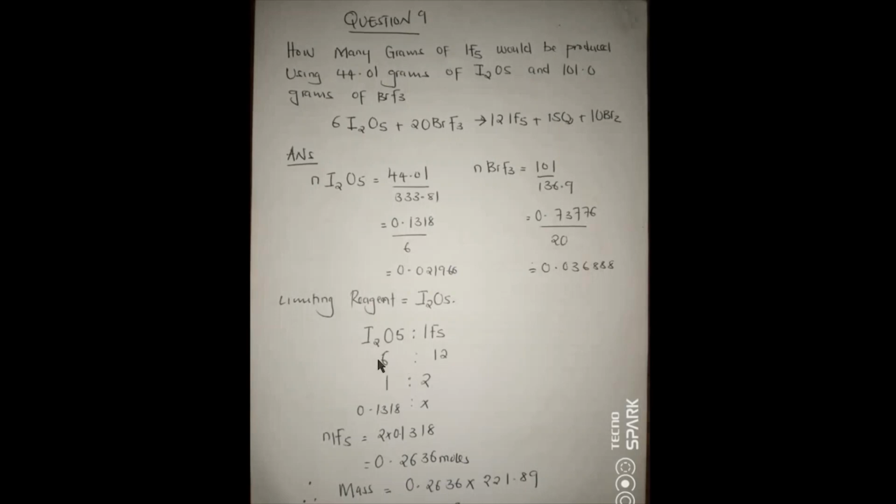The number of moles for this compound is this. So meaning I can find the number of moles for this compound. I just do the math. I find that the number of moles for this compound is this. Using the number of moles, I can find the mass for this compound using its number of moles and the relative molecular mass. So the answer to this question is 58.45 grams. Beautiful, isn't it?